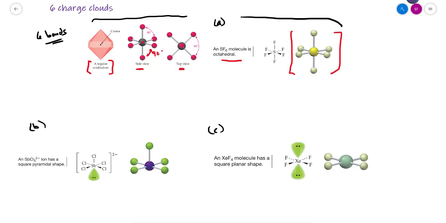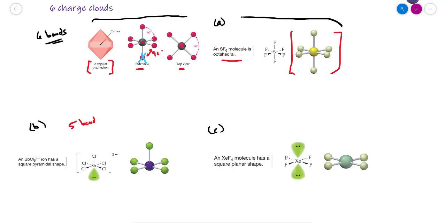So still under the 6 charge category, but if we have 5 bond capability, then you can get something that looks like this. This is the antimony pentachloride ion. This is actually a superacid. This is a really interesting molecule too. So imagine the original octahedron up here, but you just nix one of these. It doesn't matter which one because it's symmetric.